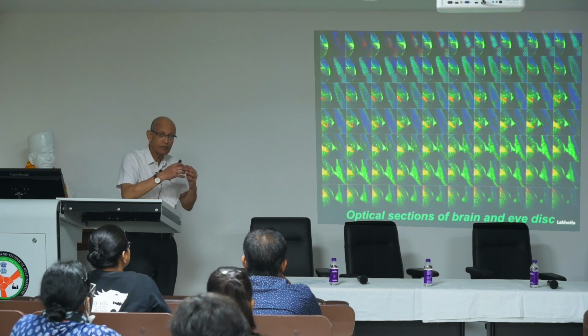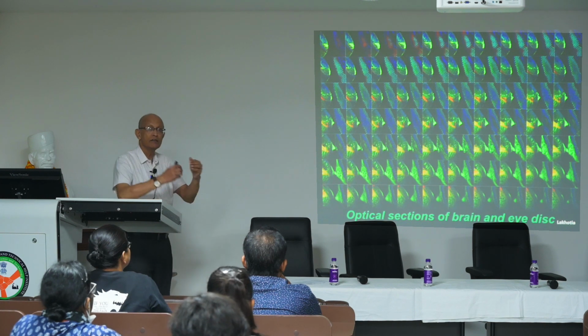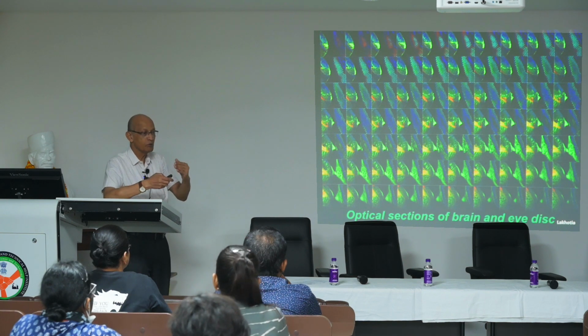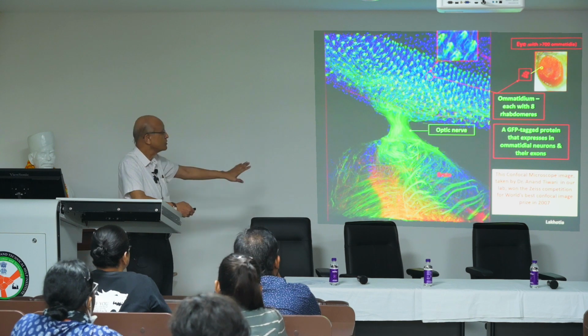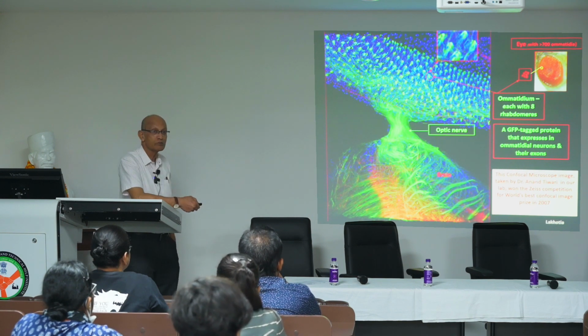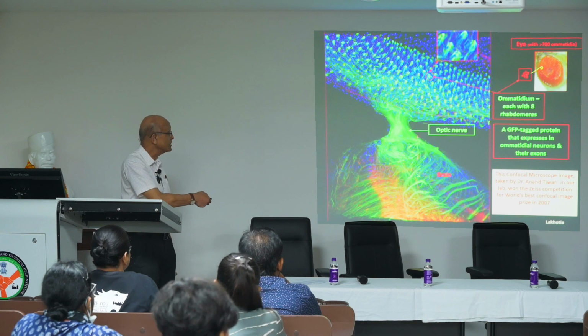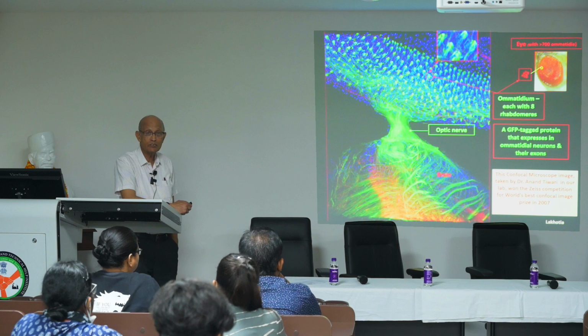But once you combine them, digitally each point in each frame is a fixed point, and the software knows that. It can superimpose each one of them and generate this image. And you can make out how these green ones are the axons from the photoreceptor cells, and you can see how the optic nerve goes and projects onto the brain.